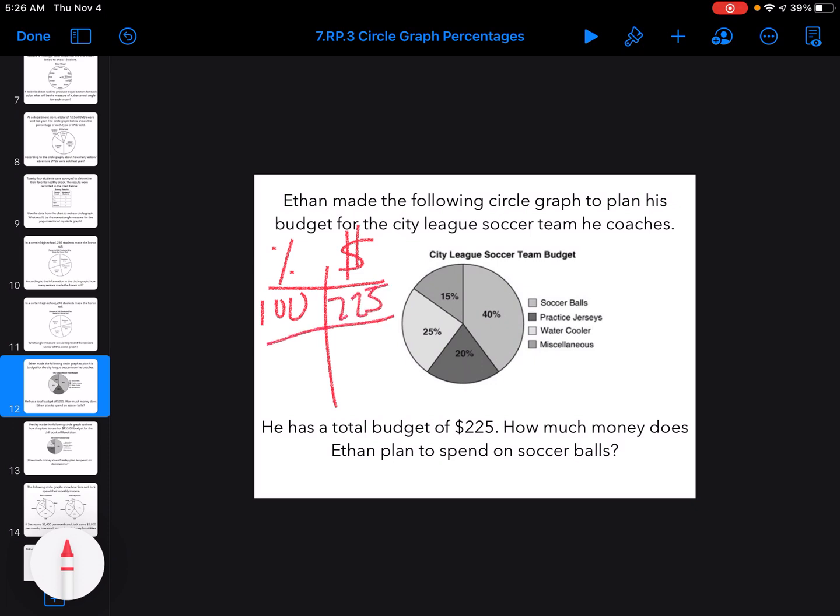I know I'm looking for soccer balls. So that's that color. Yeah. So that's 40%. So I divide by 100. And I multiply by 40. And I get $90. So he plans to spend $90 on the soccer balls.